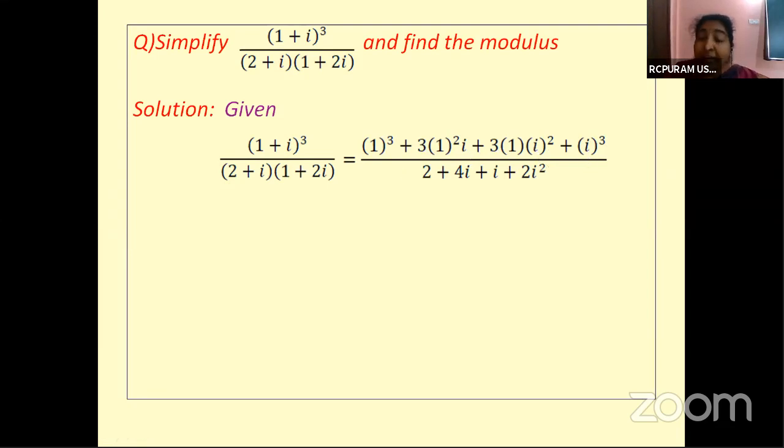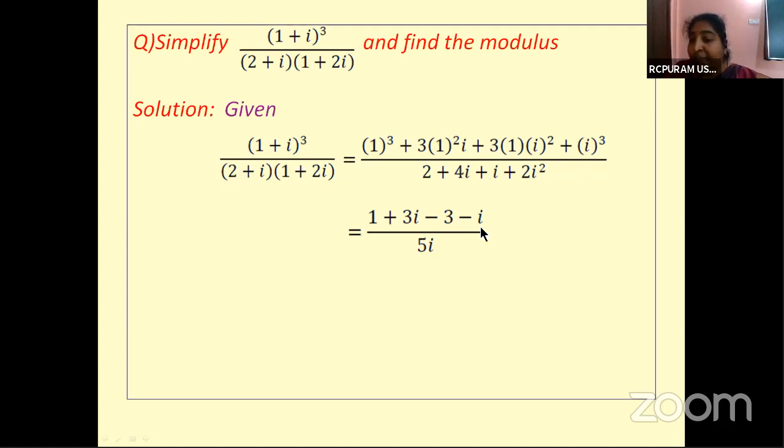Now further, wherever you have powers of i more than 1, we will try to reduce it and simplify by substituting either i or minus 1. Now 1 cube is 1, children. 1 square is 1, so 3i. Here i square is minus 1. So minus 1 into 3 is giving you minus 3.